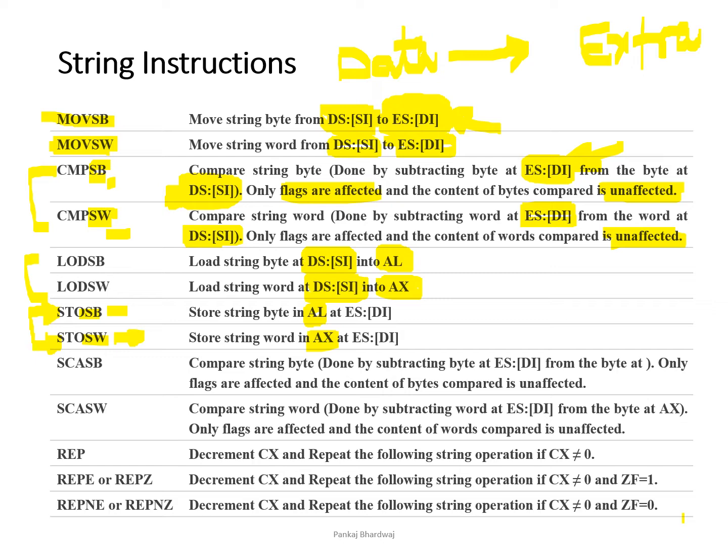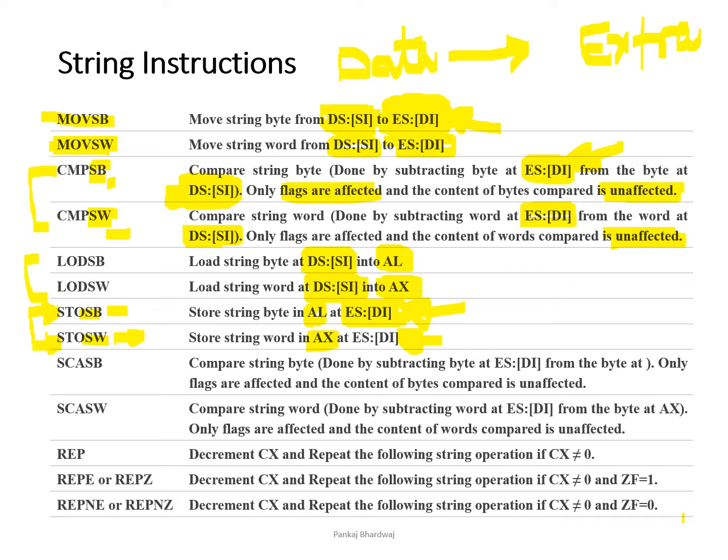As the destination is in the extra segment, we use the STOSB command to store the data available in AL into the extra segment, because the extra segment is the destination. Similarly, if we want to store 2 bytes or 16 bits from AX, it will be stored into the extra segment using the destination index register.